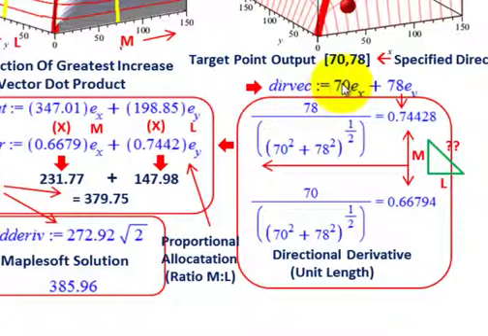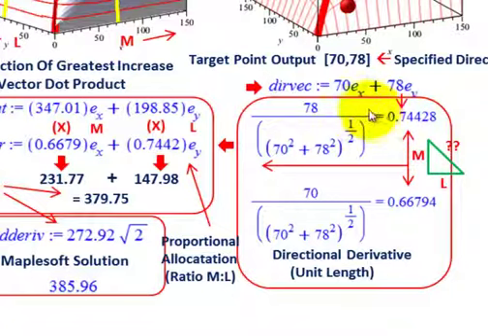Just understanding what that is, we use the Pythagorean theorem. We have a right triangle, M and L, for material and labor. You take your material input squared plus your labor input squared, take the square root of that quantity, and divide it into the unit for labor, 78, and you come up with a unit amount. You have to have a unit amount, otherwise it doesn't work.